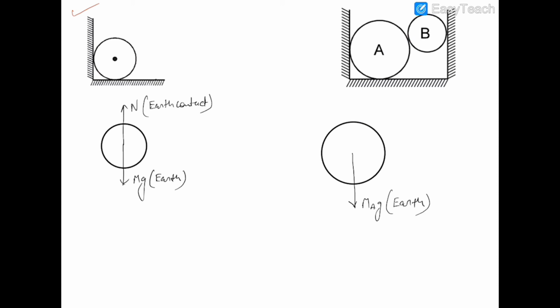So we will again draw a normal reaction which is NAB. Let me name it NAB, normal reaction force on A due to block B. Now another force is acting on ball A, which is in the upward direction.